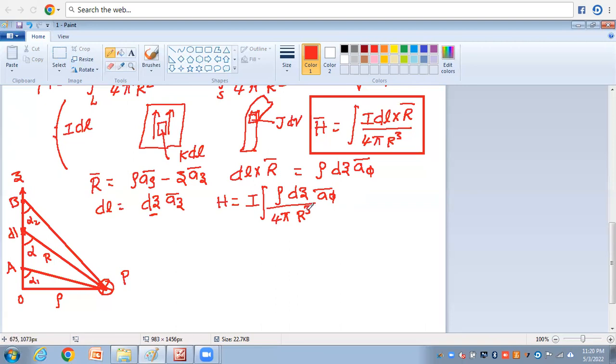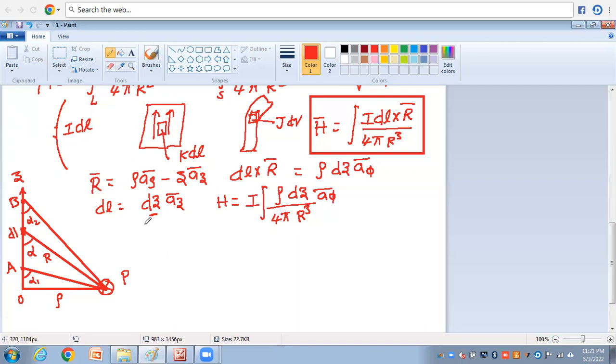Now I will write a small extension part of this one. First of all, there is one expression, I will write with cot alpha. What is the meaning of cot alpha? Adjacent side by opposite side.